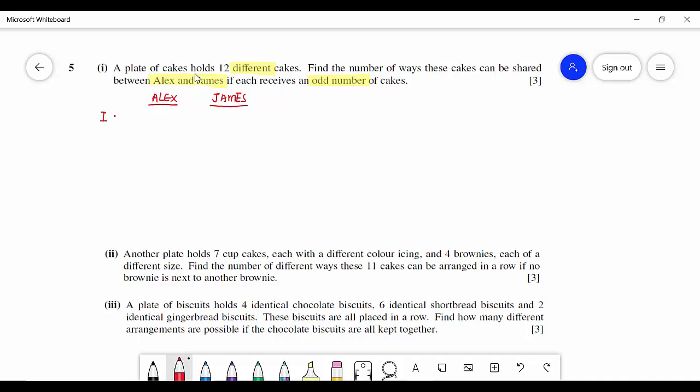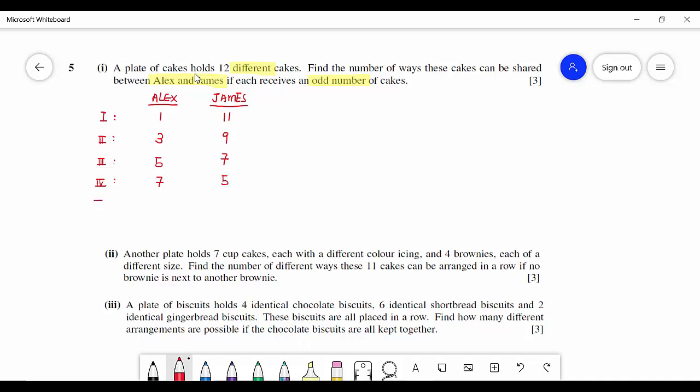Okay, so maybe I start from a small number. Let's say Alex has one cake and then James has 11. So 11 plus 1 in total becomes 12. Okay, then maybe for the second case, Alex gets 3 and James gets 9. So 9 plus 3 is also 12. And the next case, maybe I'm having 5 and 7. Okay, then the fourth one will be 7 and 5.